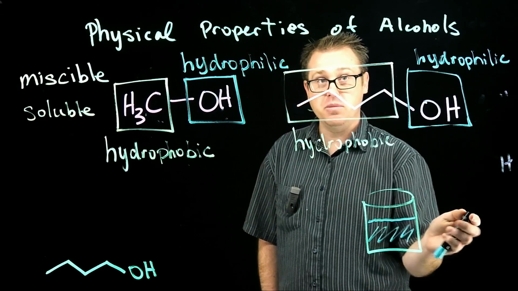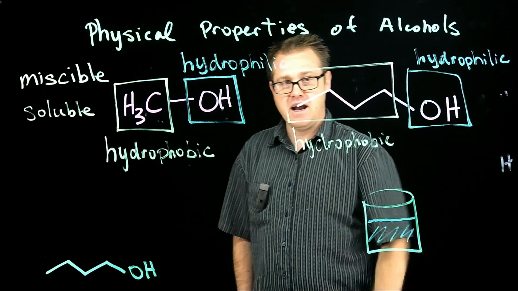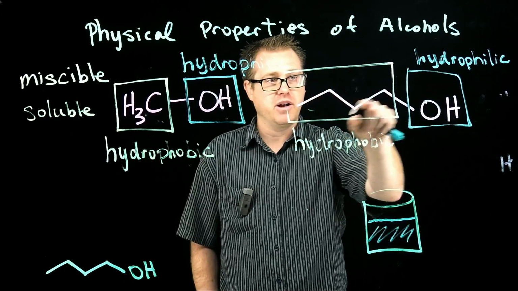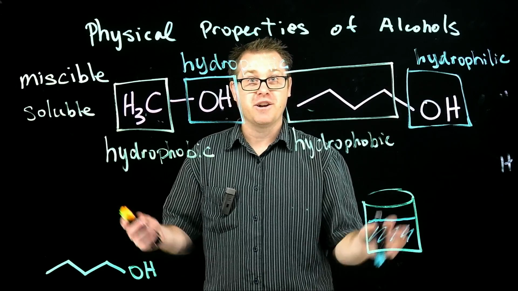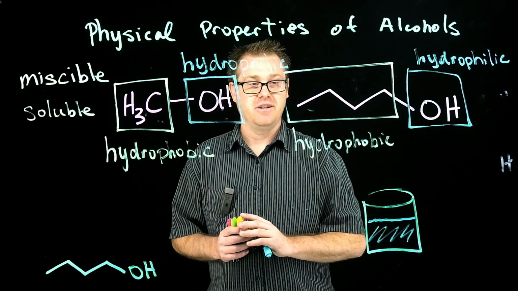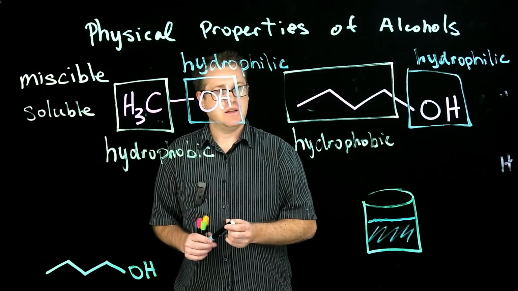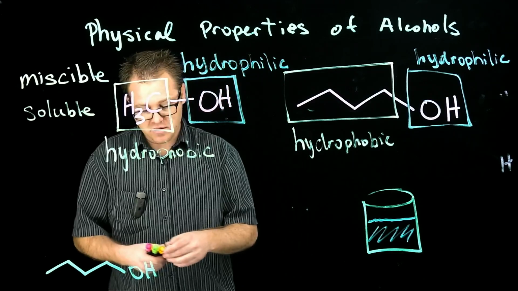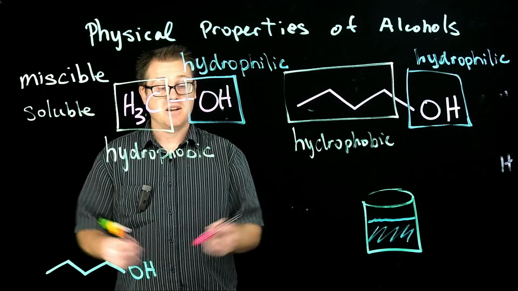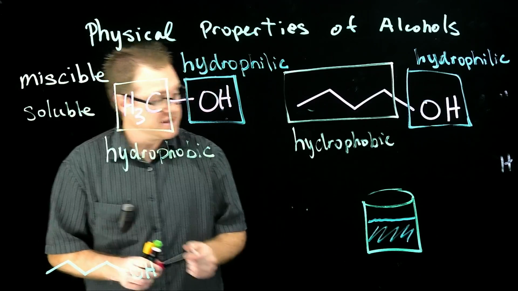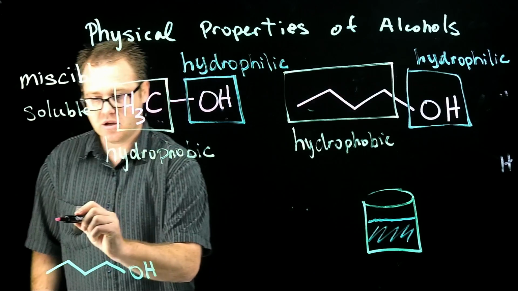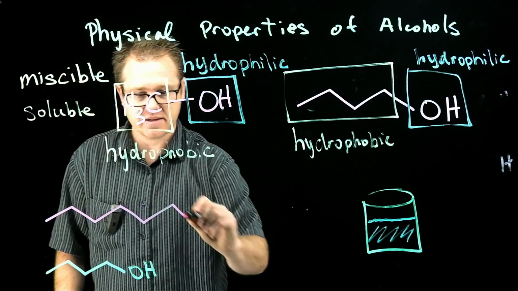But if you add too much, then these hydrophobic tails or these hydrophobic carbon chains are going to start interacting with one another and make it insoluble. And then if you extend this concept out to, let's say, octanol, so 2, 3, 4, 5, 6, 7, 8.